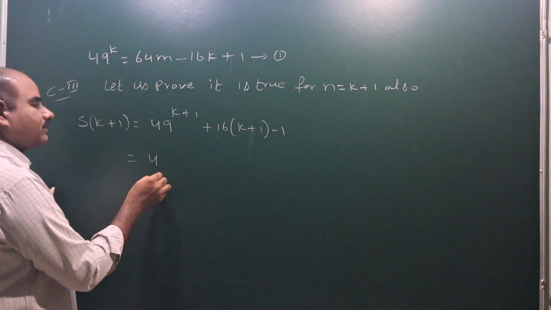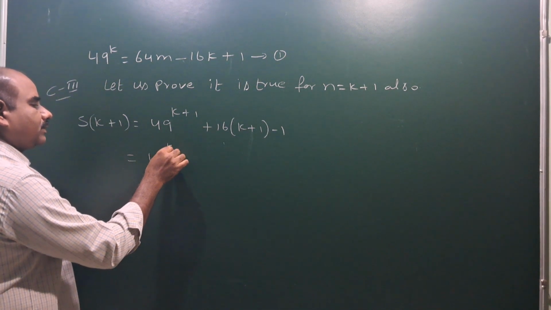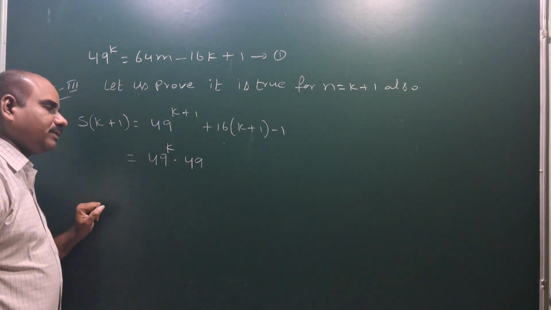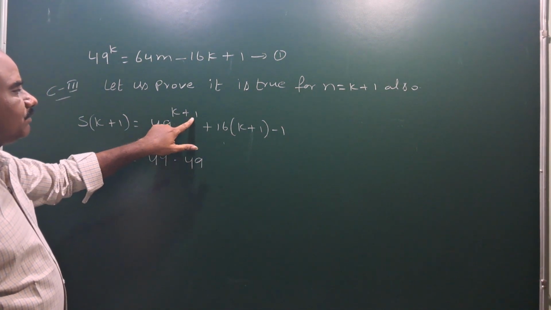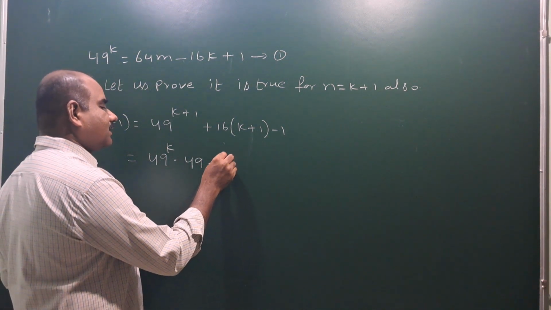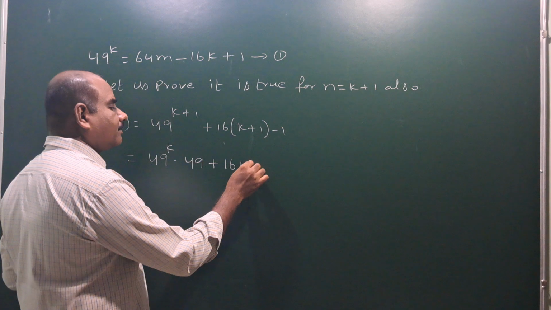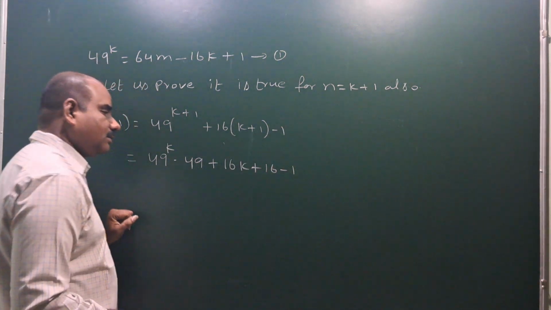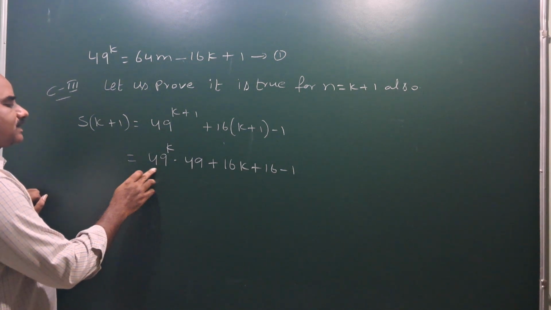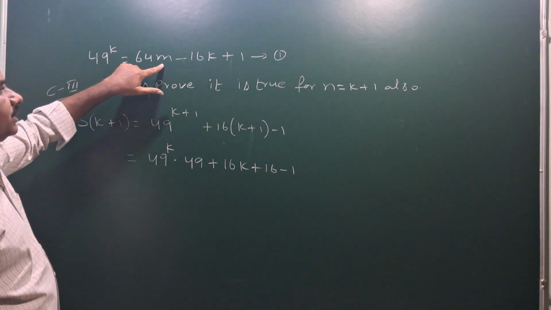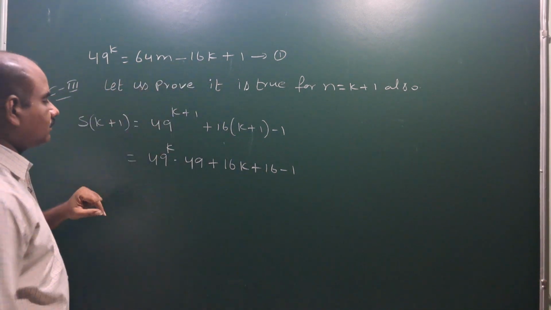49 power k plus 1 can be written as 49 power k into 49 power 1. Power 1 means it is nothing but 49 only. a power m plus n is a power m into a power n. 16 of k plus 1 means 16 into k, 16k, plus 16, then minus 1. Okay, so replace 49 power k by its value. 49 power k means 64m minus 16k plus 1.